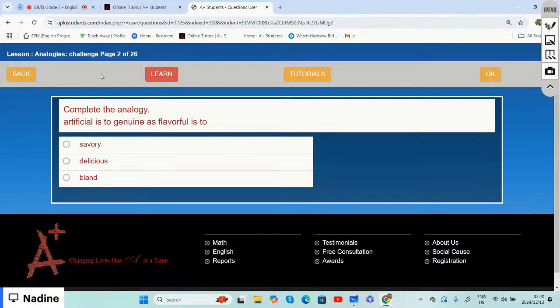All right, so we can say artificial is to genuine. It's like the opposite. Whereas flavorful, we say flavorful is to savory, delicious, or bland.